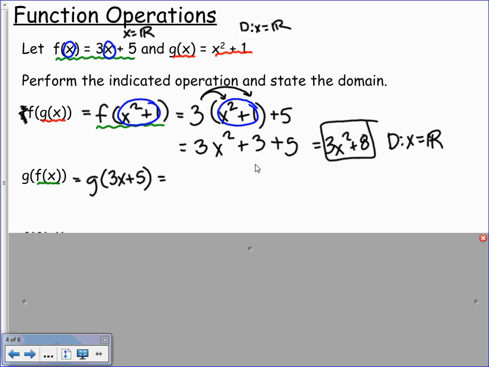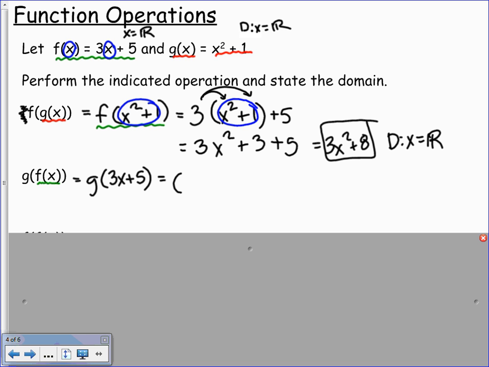And then what you do is you go to this function that's on the outside here, this g. G is x squared plus 1, but I don't want to write x squared. What do I want to put in for x? 3x plus 5.